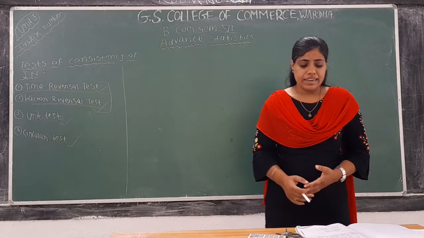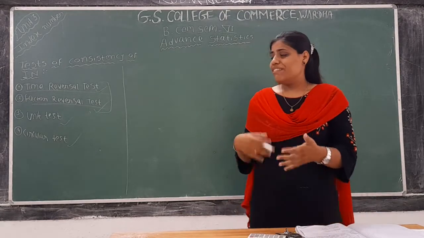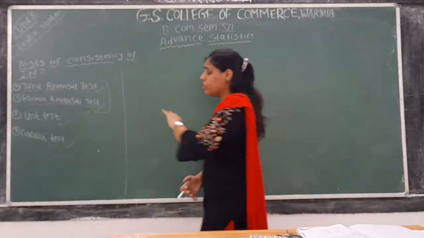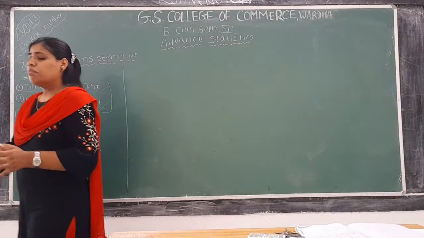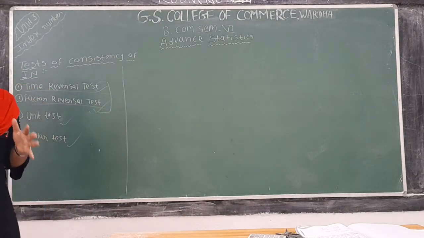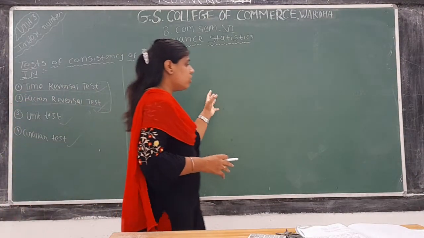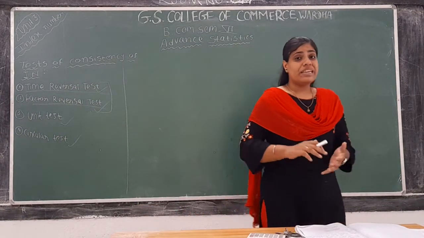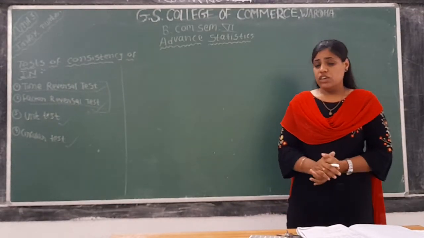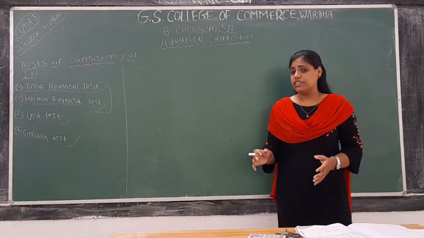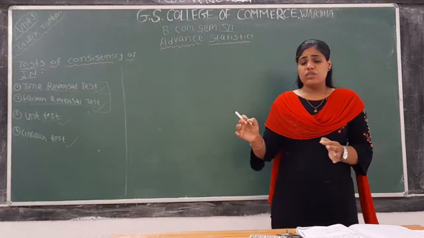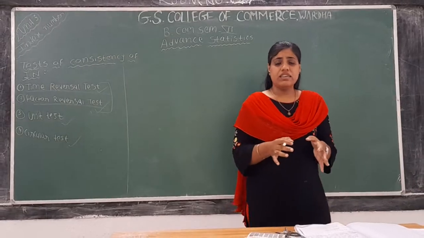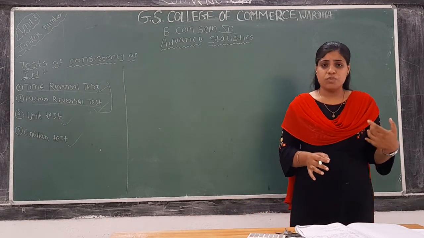He says that when we use the same methodology for computing index number by taking different periods as base, the values that we get should be reciprocal of each other. Then only there is no time bias, and the time period considered is going to be accurate.